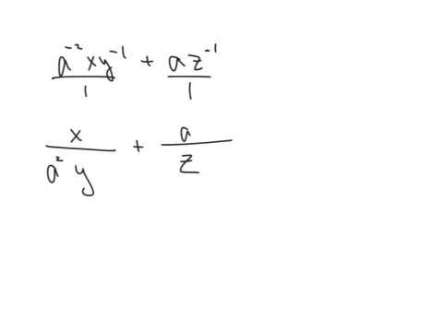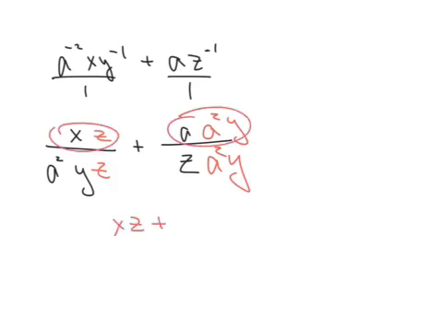Alright, so now I'm in the right format to add these things together, but I don't have common denominators. So what do I need over here that I have over there? A z. And what do I have here that I need over here? An a squared y. Okay, I'm going to multiply those. Multiply those.